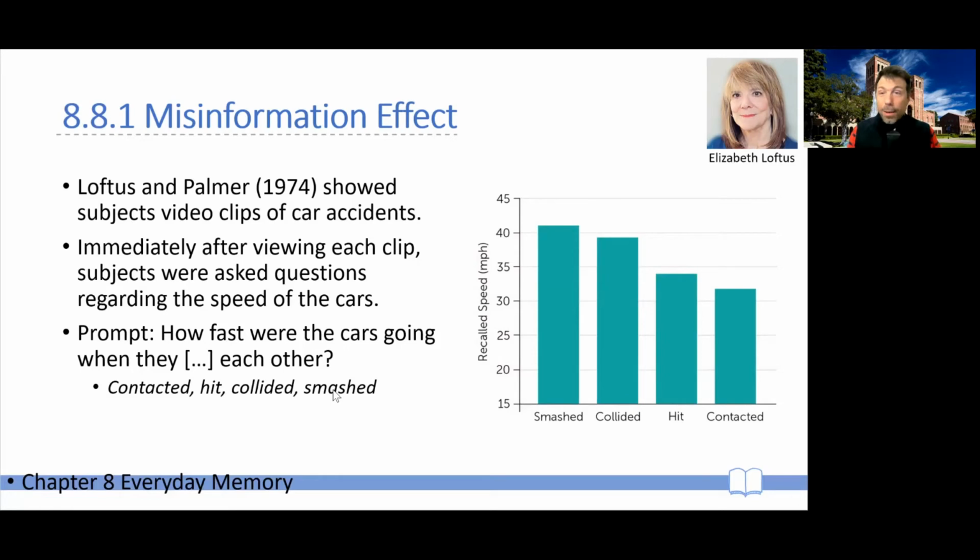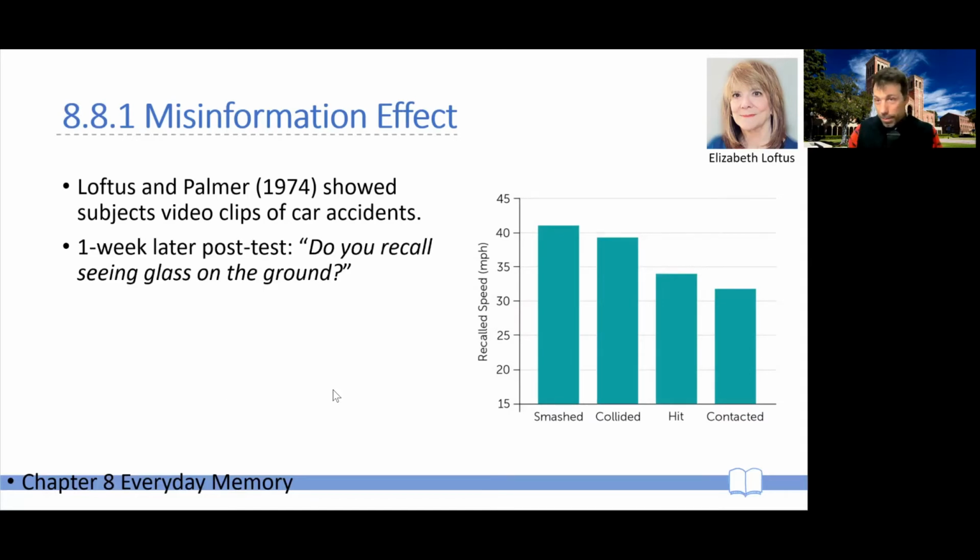When you are asked a question with the word contacted, the average guess is 32 miles per hour. That's a huge difference. That's a 10 miles per hour difference in the average estimation of how fast those cars were going. And it's the same exact cars. It's the exact same video. All that changed is the word that was used to elicit the answer.